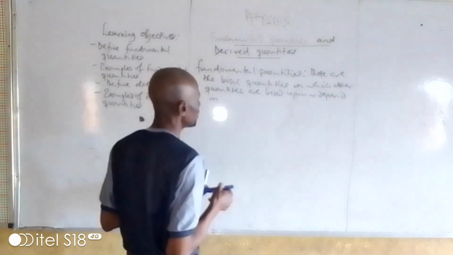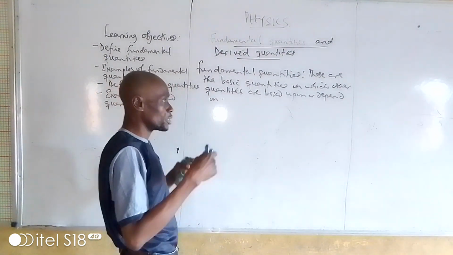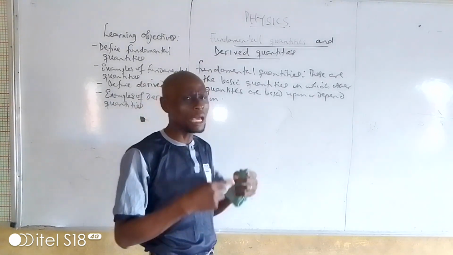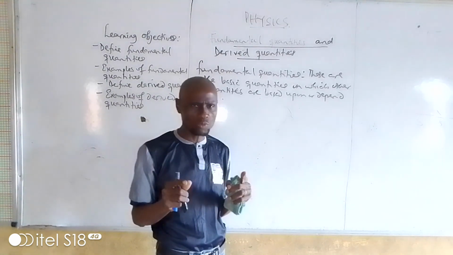So these are the basic quantities on which other quantities are based. That means if there is no fundamental quantity, there can never be other quantities. They are the basic ones.